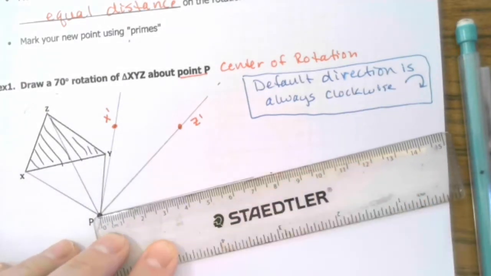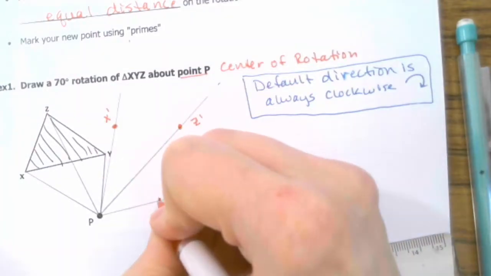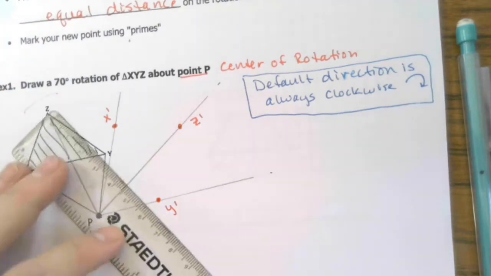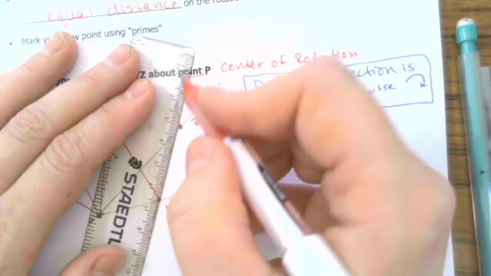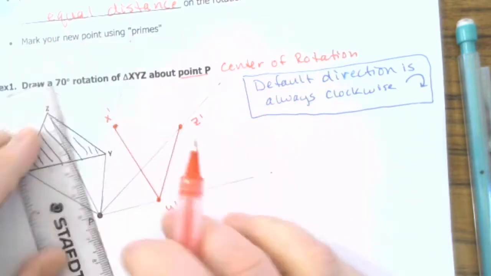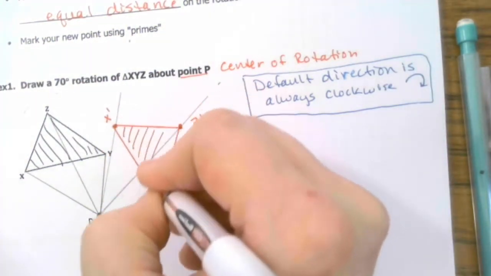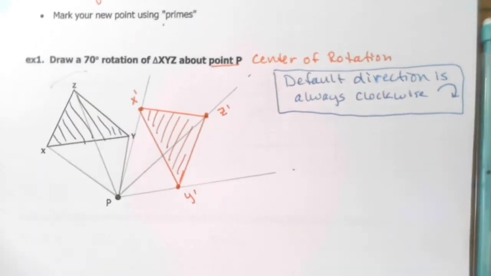So we're going to measure 2 centimeters and 7/10, which is Y prime. Now the real test is if you draw lines between the vertices, does it look like the original? No, it's not too bad. So that is how you do a rotation in floating space using your protractor. Flip the page.